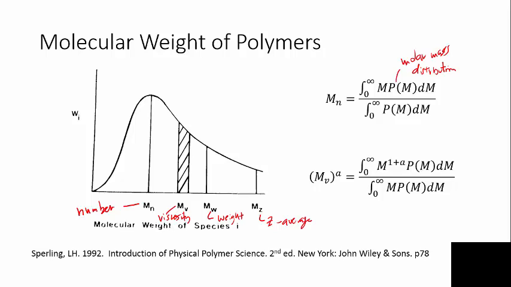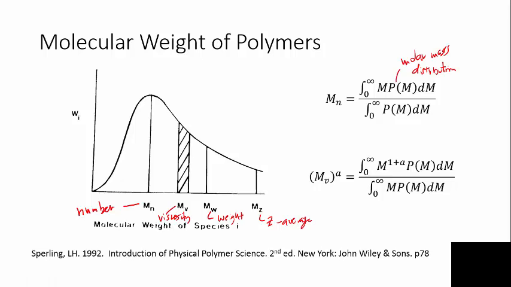So in other words, the shape of this curve is here, and then that's the molecular weight, and so you're going to sum from 0 to infinity the area under the curve. Depending on the curve shape, then you would get a particular number average.